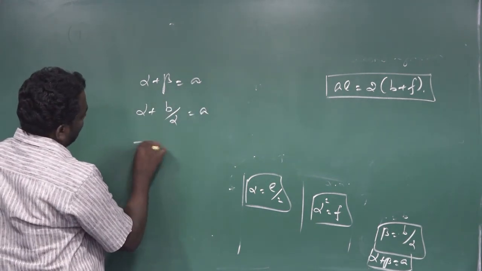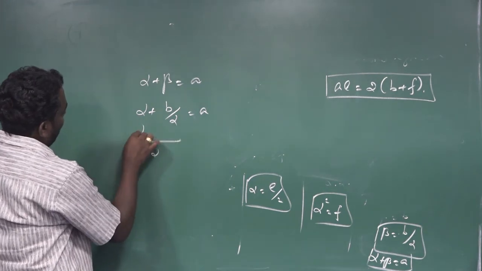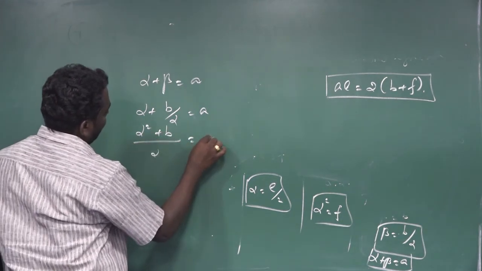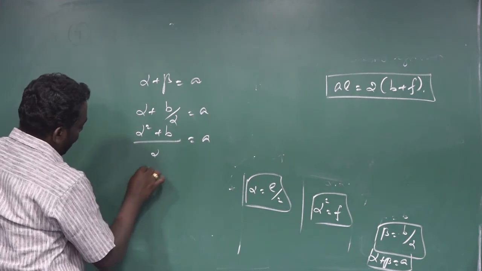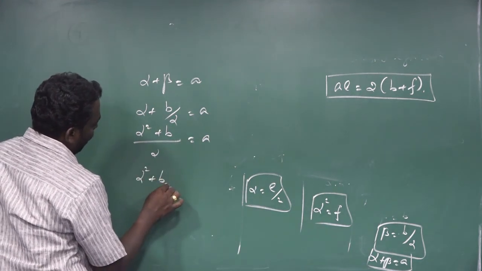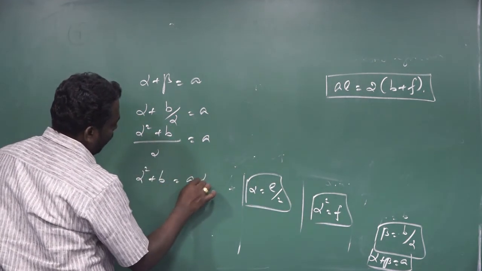Now taking the common denominator alpha, we multiply: alpha square plus b, that is equal to a alpha. Just transfer the term: alpha square plus b is equal to a into alpha.